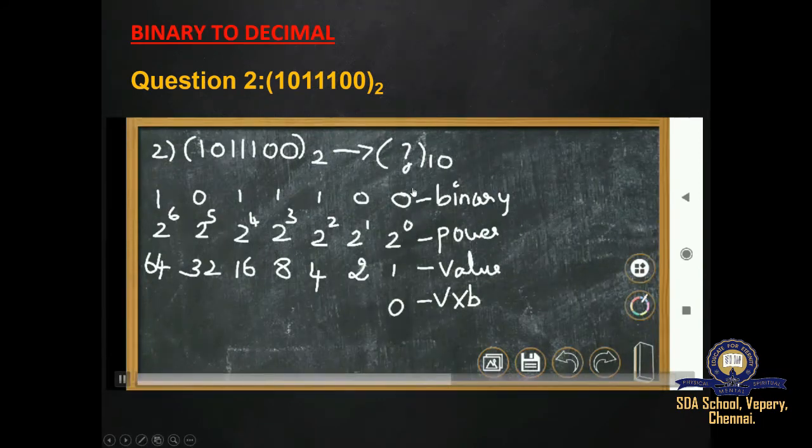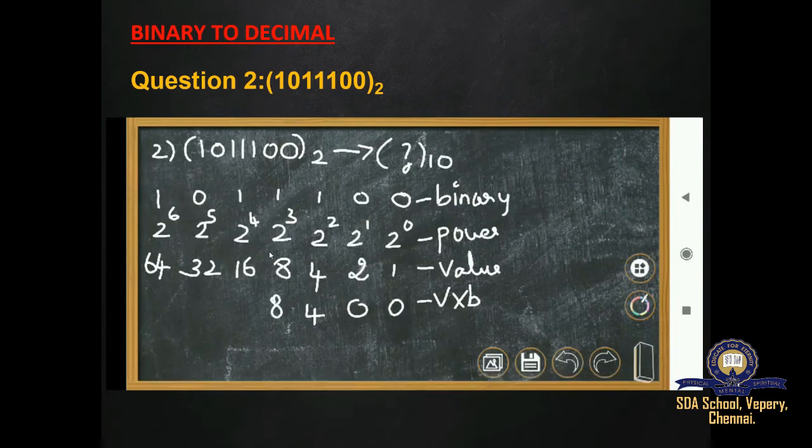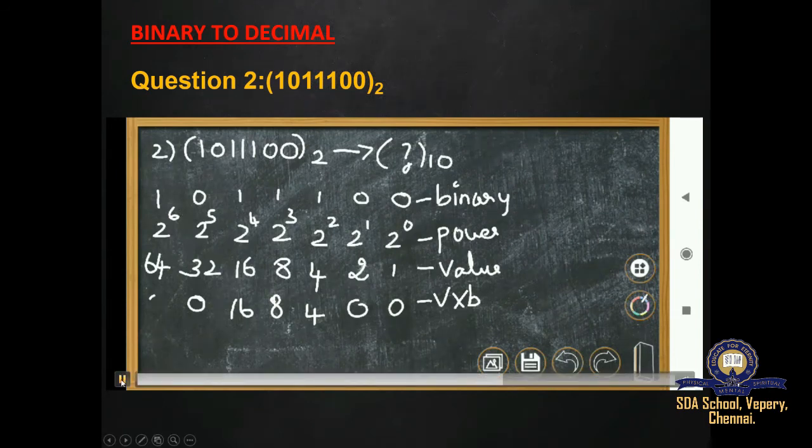So 1 into 0, 0. 2 into 0, 0. 4 into 1, we get 4. 8 into 1 we get 8. 16 into 1 we get 16. 32 into 0, 0. 64 into 1 we get 64.